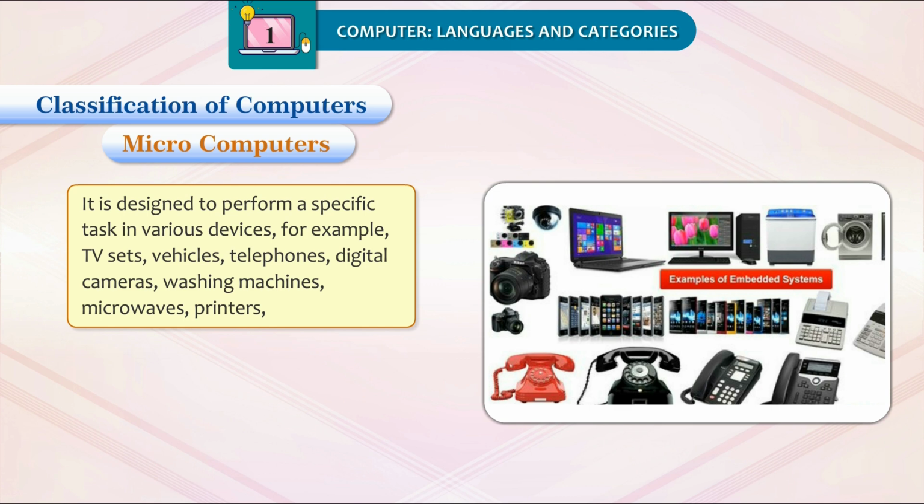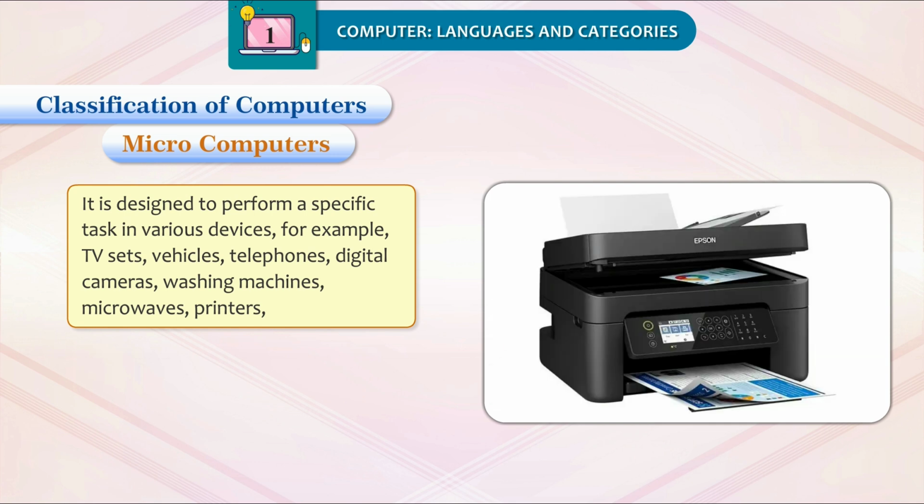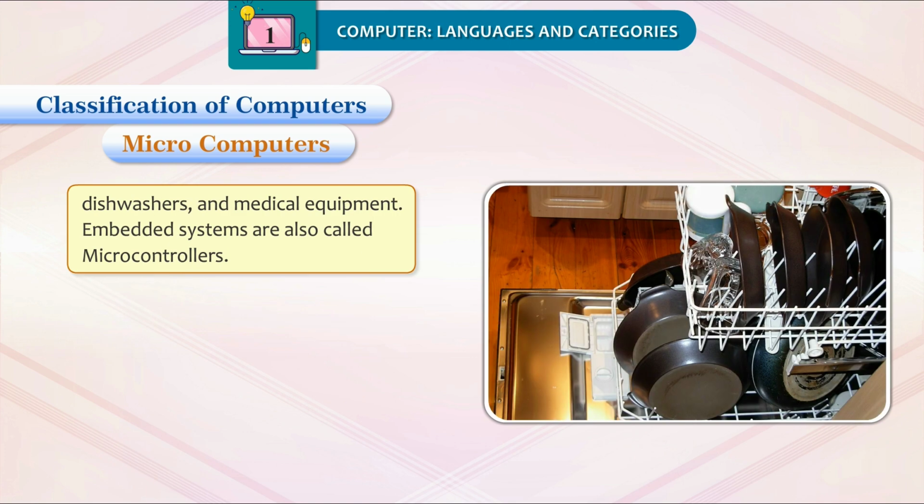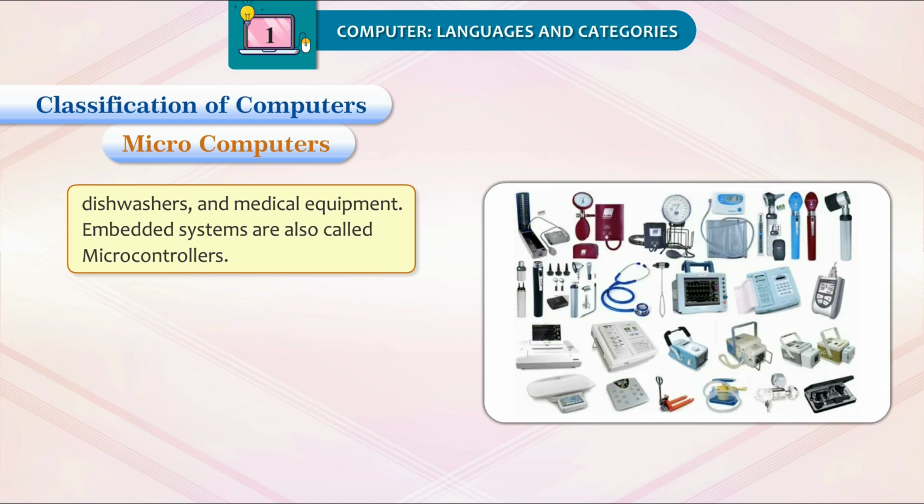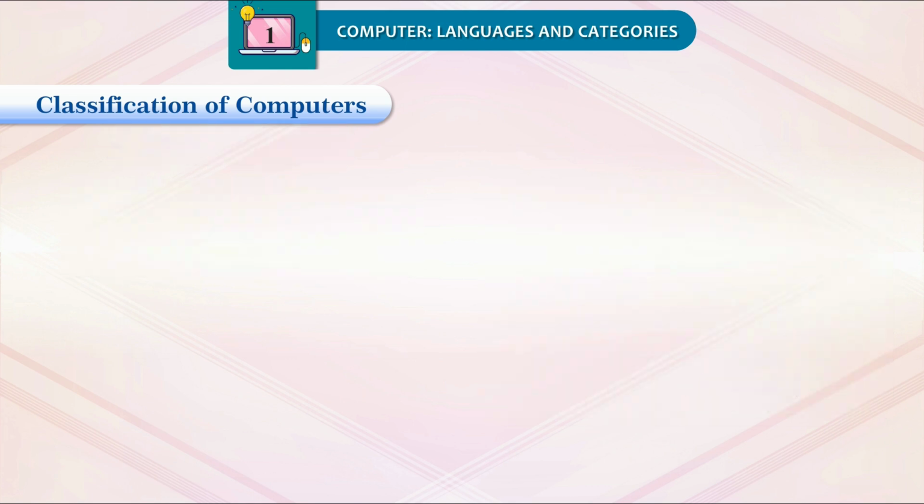It is designed to perform a specific task in various devices, for example, TV sets, vehicles, telephones, digital cameras, washing machines, microwaves, printers, dishwashers, and medical equipment. Embedded systems are also called microcontrollers.